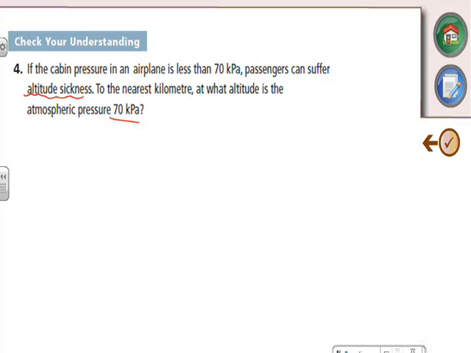Same as always, start with your formula, which is the pressure is equal to 101.3. That's our initial principal amount. And then 1 minus 0.12, so 0.88. We got 88% remaining to the h, and that's the height.